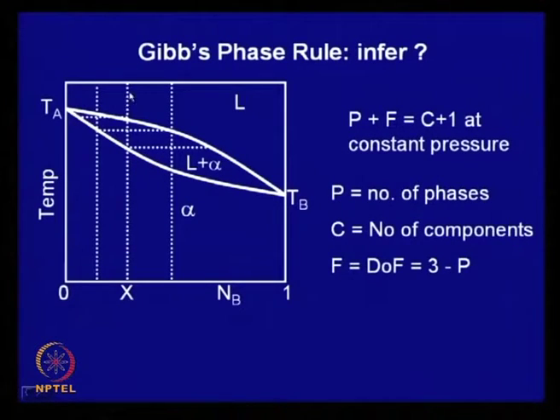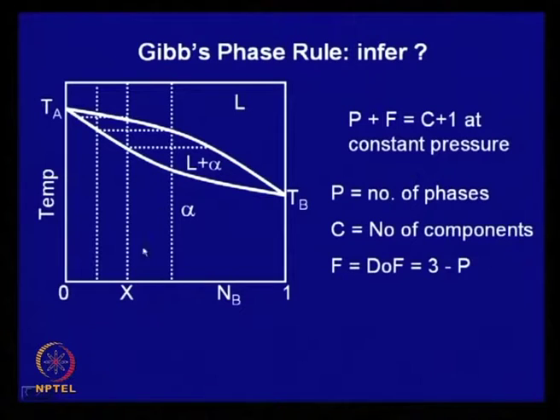It is not enough to define the state by stating that it is liquid. You have to say that it is liquid and its temperature is, let us say, T, which is given here, and its composition. So, you have to define two variables to define the state.